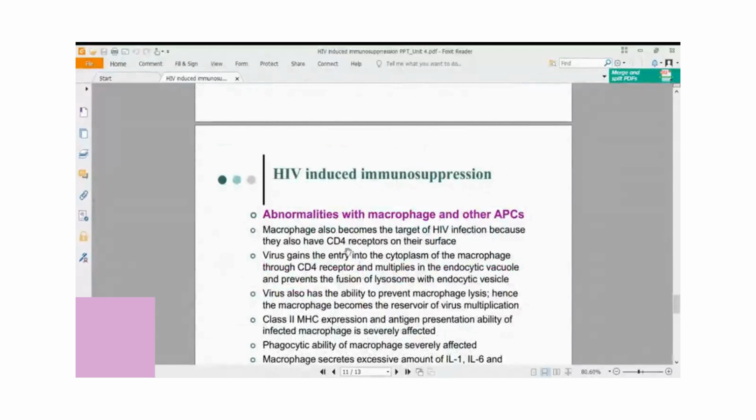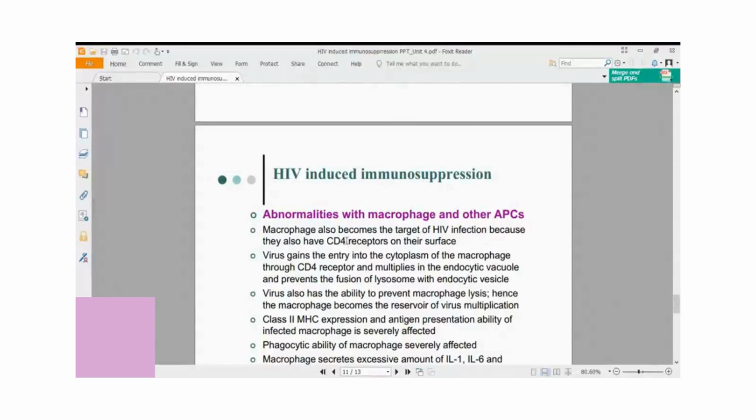When GP120 binds to the CD4 receptor, it can help the virus that has GP120 intact on its membrane, that is on the spike protein, be phagocytosed or endocytosed by the macrophage.